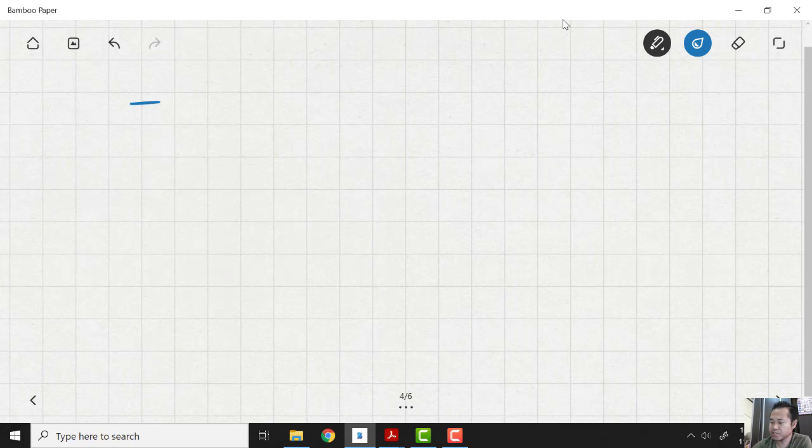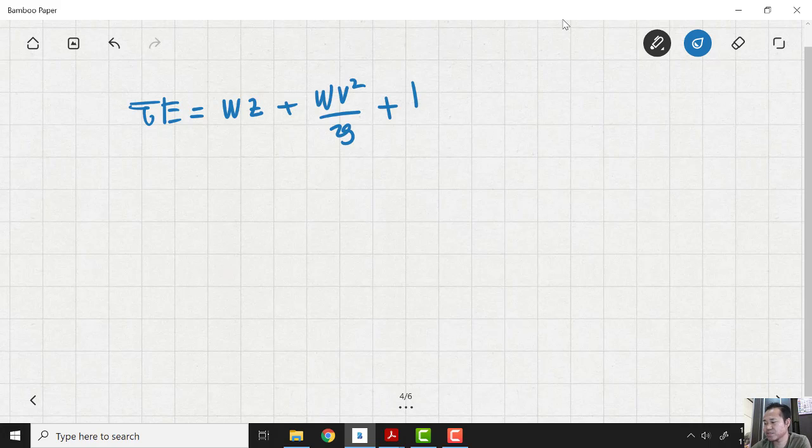So we have the energy equation. You write it, and we get Wz plus W V square over 2G plus pressure times weight over gamma.